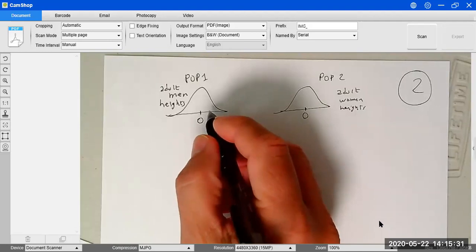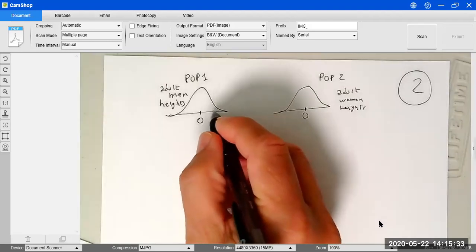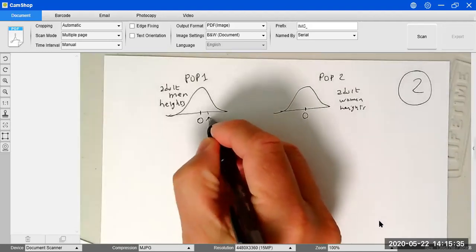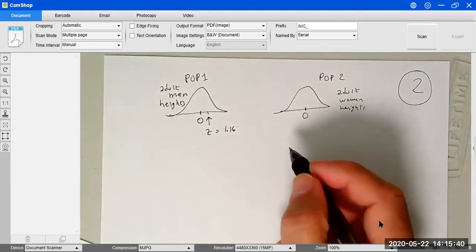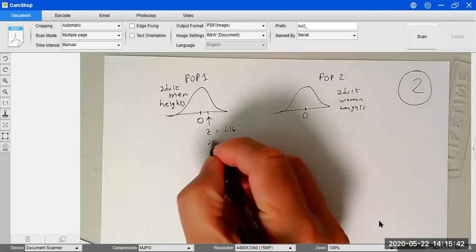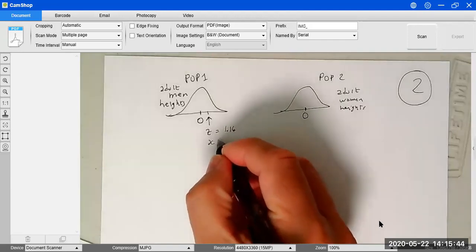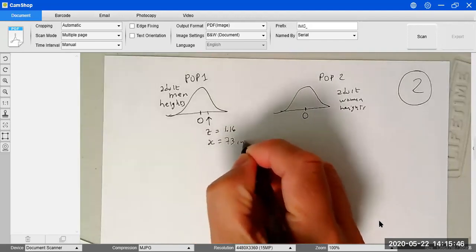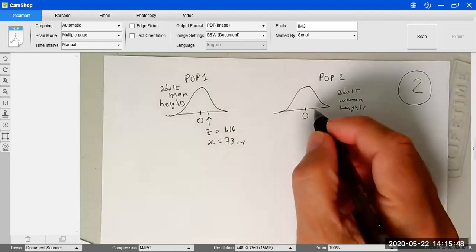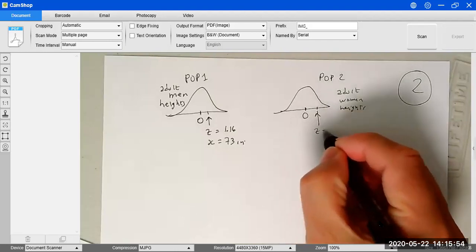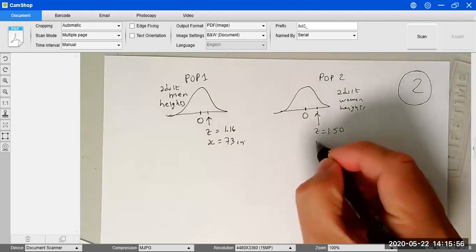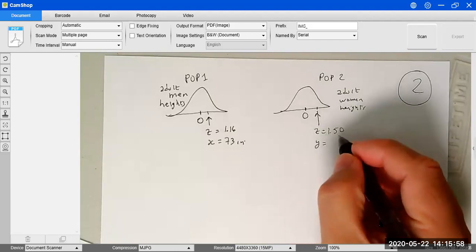For men we found a z-score of 1.16, for a height of 73 inches, and for the woman we found a z-score of 1.50, for a height of 68 inches.